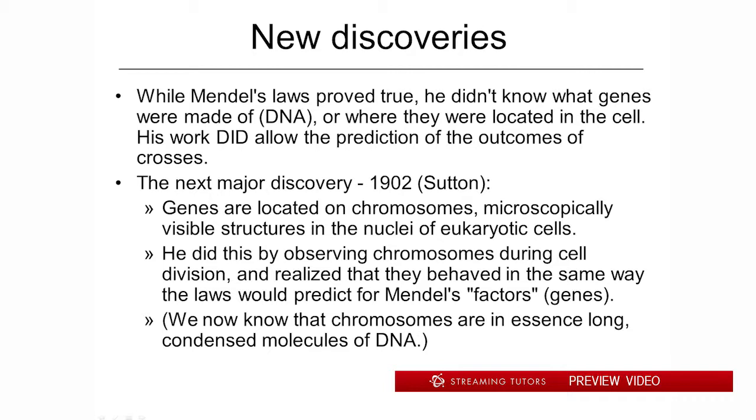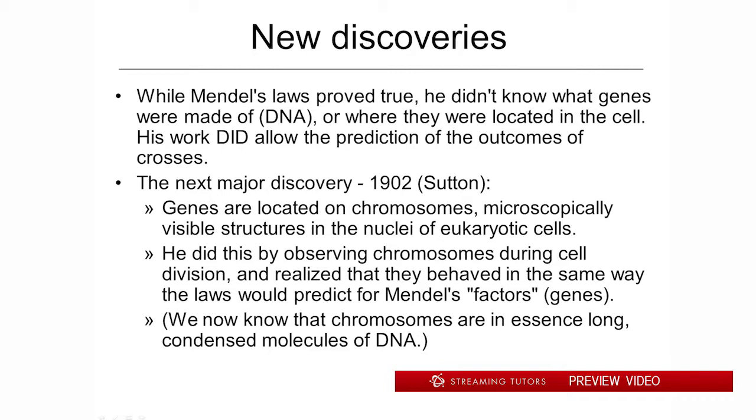So Mendel's work was rediscovered around 1900, and just about that same time, a discovery usually attributed to a scientist named Sutton was that the genes of Mendel were in fact located on chromosomes. Now, chromosomes are structures that are visible under even a reasonably powerful microscope, and they're located in the nuclei of eukaryotic cells.